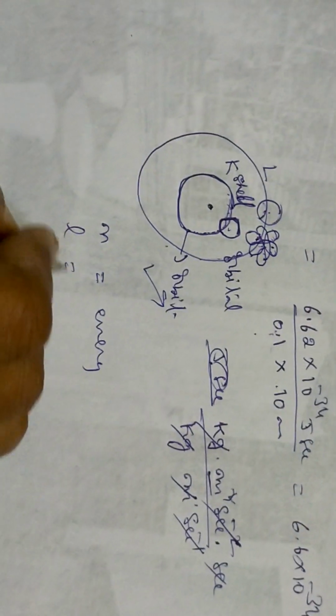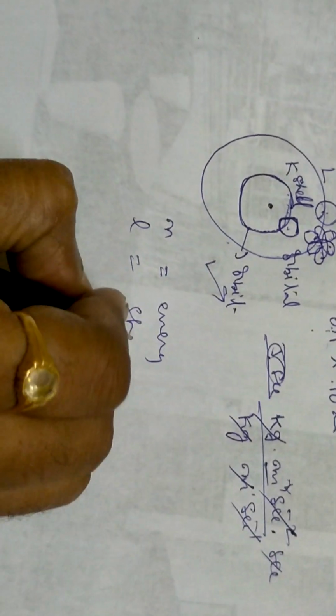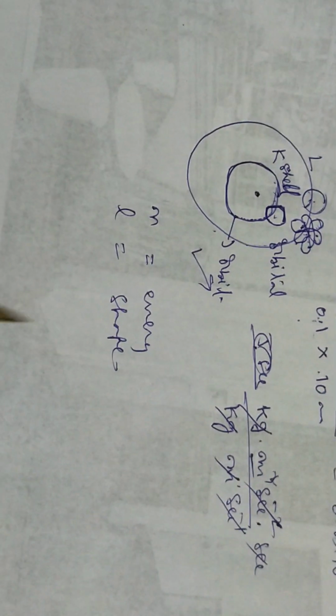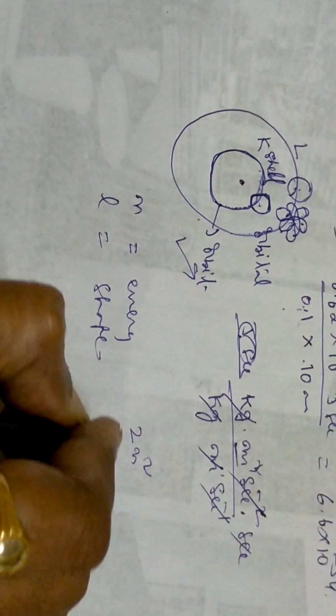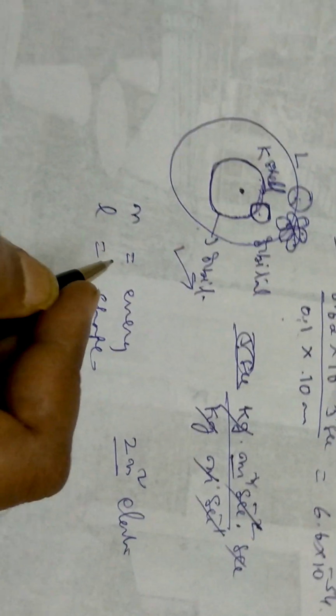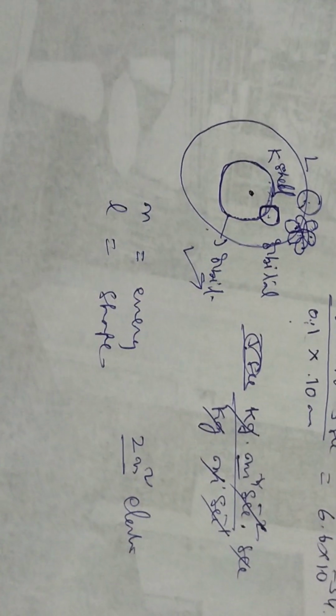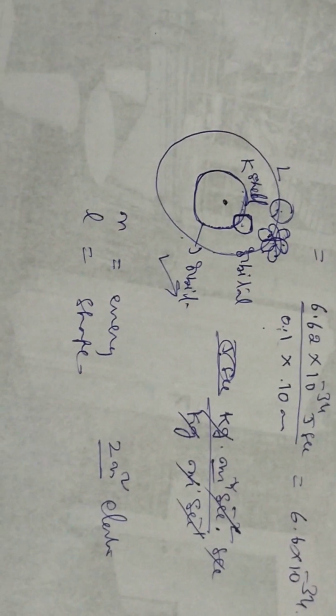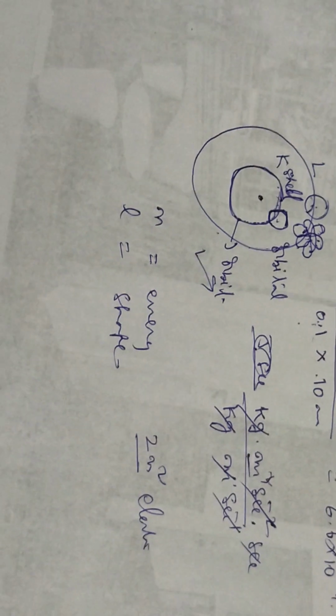L gives the shapes. Then 2n square gives the number of electrons in each orbit. Okay, thank you. We'll go to the periodic table and all tomorrow.